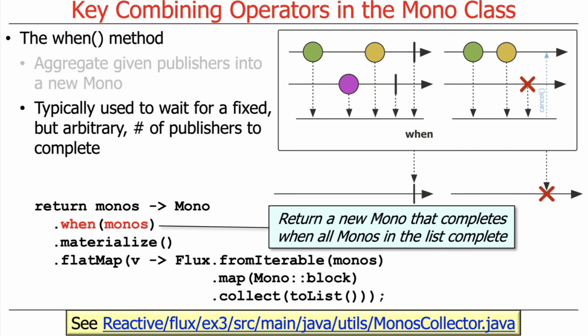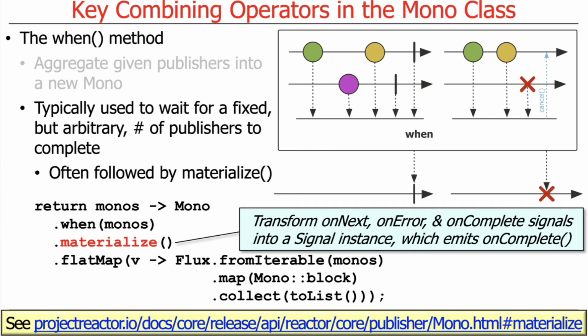And what we do here is we're going to say mono.when, and we pass in an array of monos. So we have an array of monos, and that will return a new mono that completes when all the monos in the list have completed. So when everything in the list is done, then that will complete.